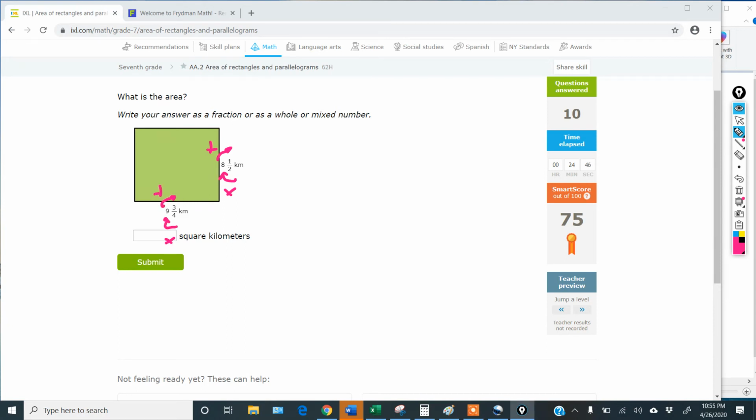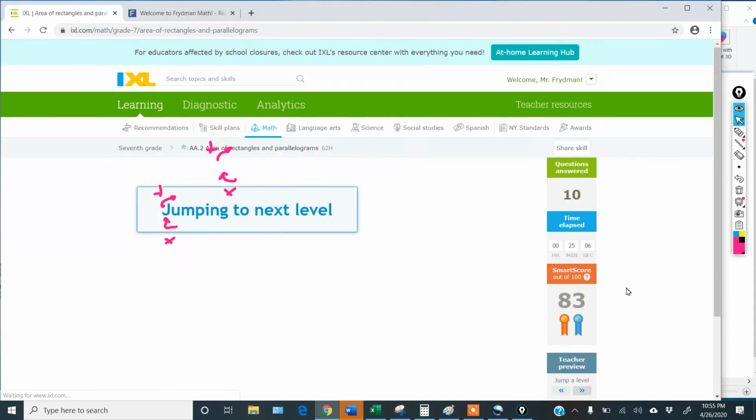Then you can multiply the two improper fractions. Once you're done with that, divide the numerator by the denominator to turn it back into a mixed number. Or it's possible that you might get a whole number when you do that. I'm going to go ahead and skip to the next level.